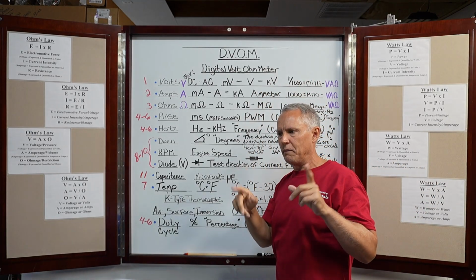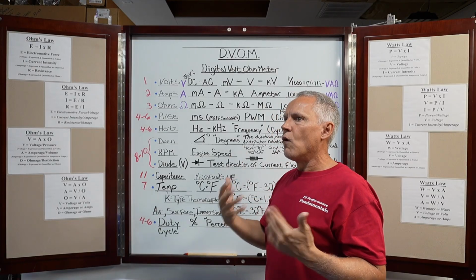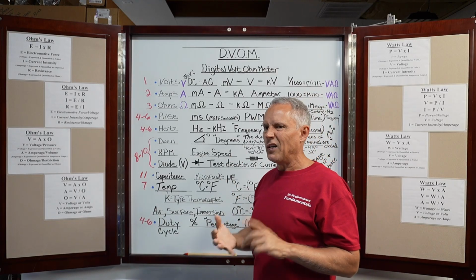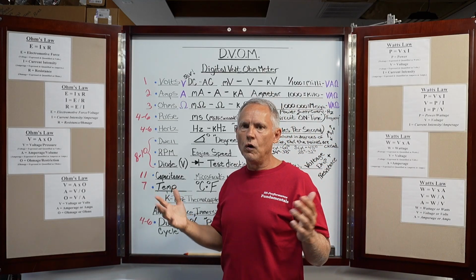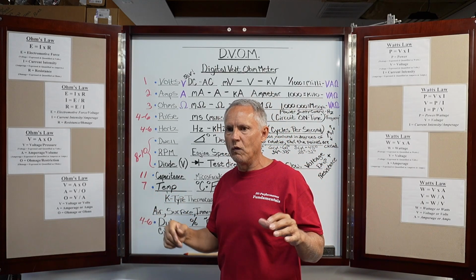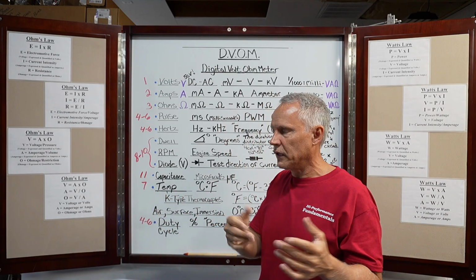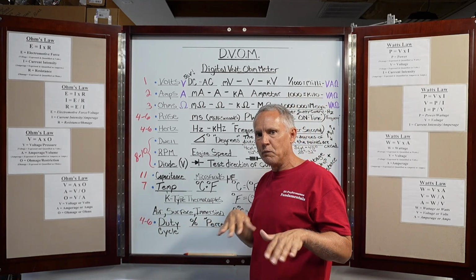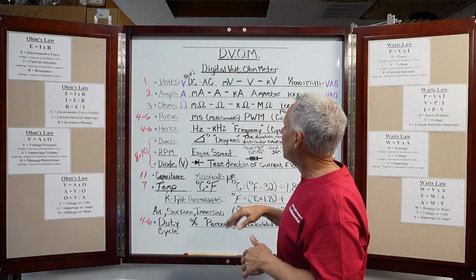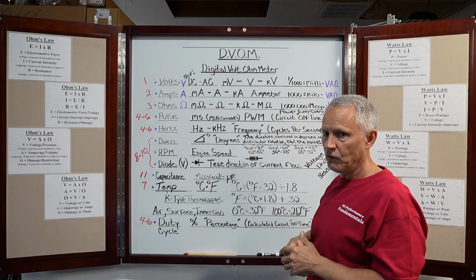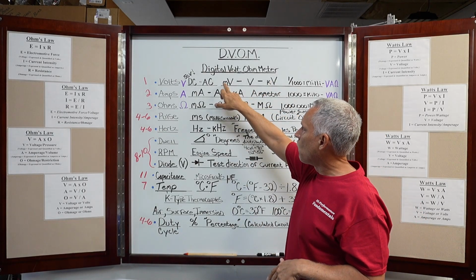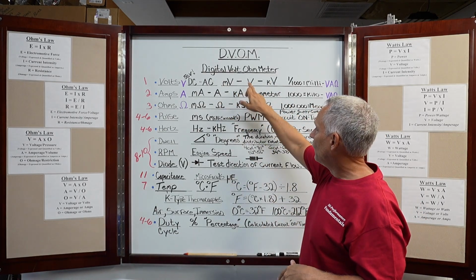But in automotive applications, low voltage DC applications, it could be cars, trucks, boats, motorcycles, trailers, RVs, all low voltage, 12 volt, 24 volt, even 48 volt at times, especially now with hybrid vehicles. But nonetheless, so small m is millivolts, volts, and kilovolts. All right, that is 1/1000th of a volt. That is 1 volt.